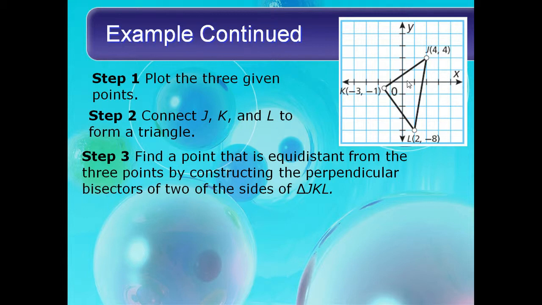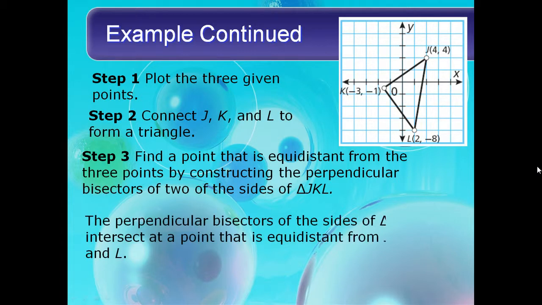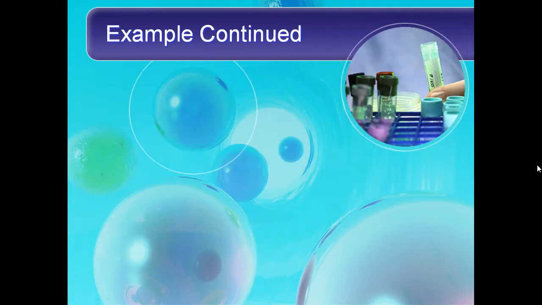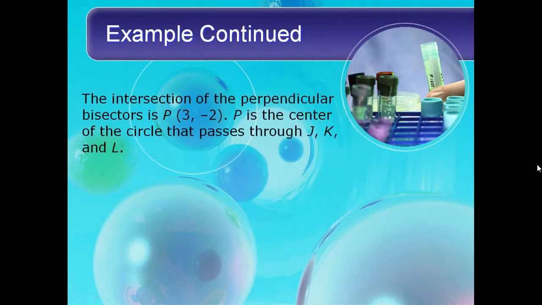And we're looking for the place they cross, which is going to be over here on the hypotenuse. The perpendicular bisectors of the sides of JKL intersect at a point that is equidistant from J, K, and L.